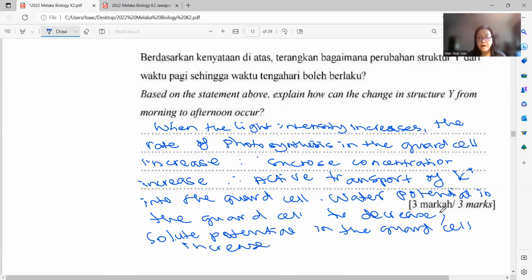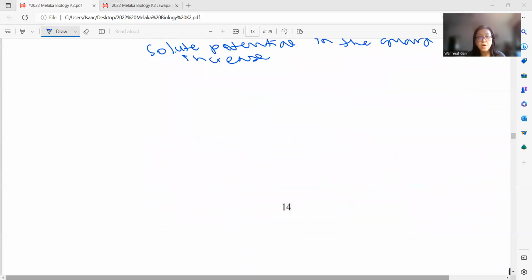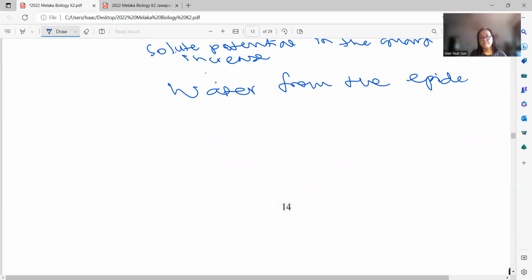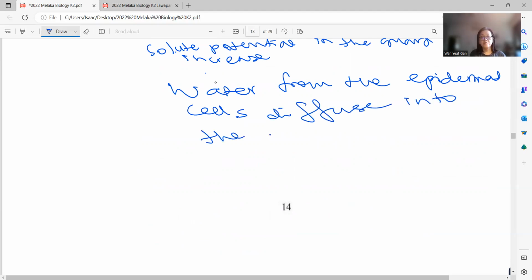Okay, so as a result, when this happens, the water from the surrounding cells into the guard cell will diffuse into the guard cell by osmosis.